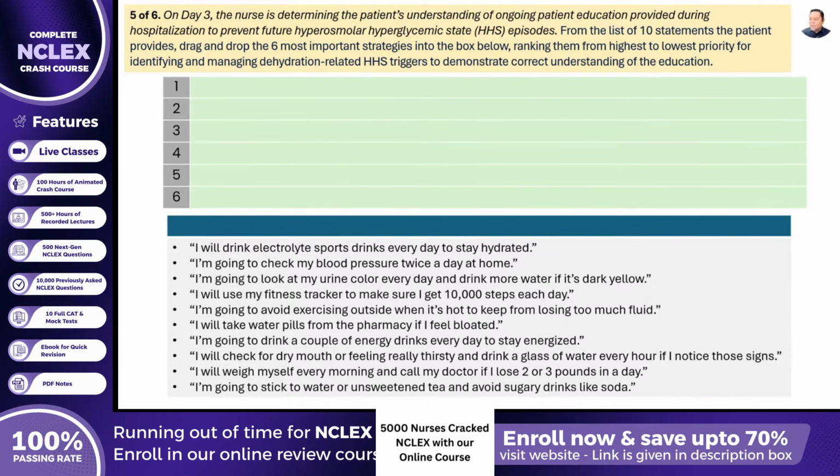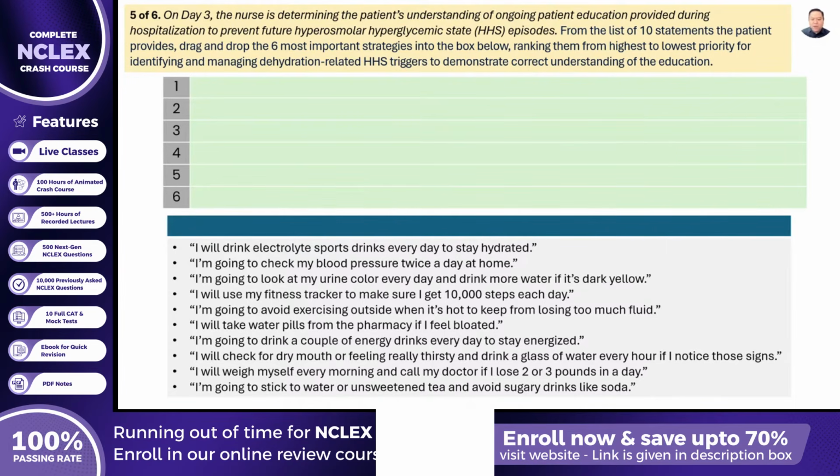Prioritize the statements to identify those statements. Make sure that you are ranking them from the highest to the lowest priority in managing the dehydration related to the HHS. All right, when you're ready, let's get started filling these blanks.